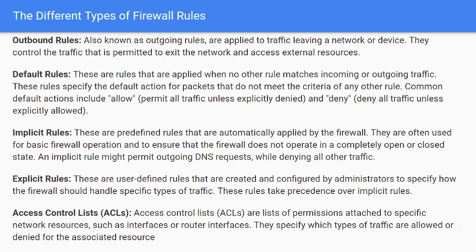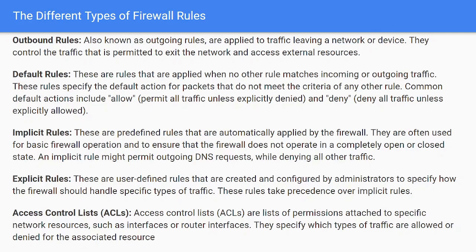You understand? So the next point is default rules. These are rules that are applied when no other rule matches incoming or outgoing traffic. So if no other rule matches, an automatic default action is taken. It might be deny all. If nothing meets the criteria, just deny everything.